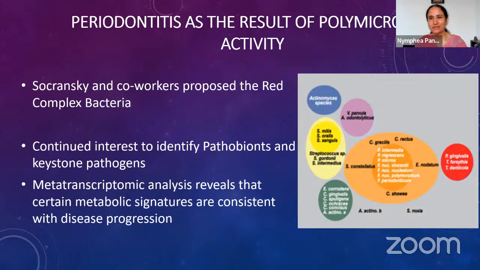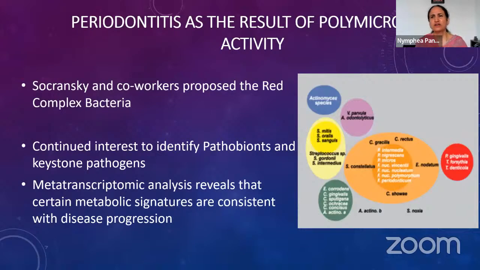In the same research process, Socransky and co-workers gave the idea about the different complexes and the contribution from different complexes. As we know, the red complex represents bleeding on probing, and these are anaerobic bacteria. They have a lot of virulence factors, which not only cause tissue destruction but also evade the host response to phagocytose them. They gave this concept because at the base of it, we always want to have one etiological factor.